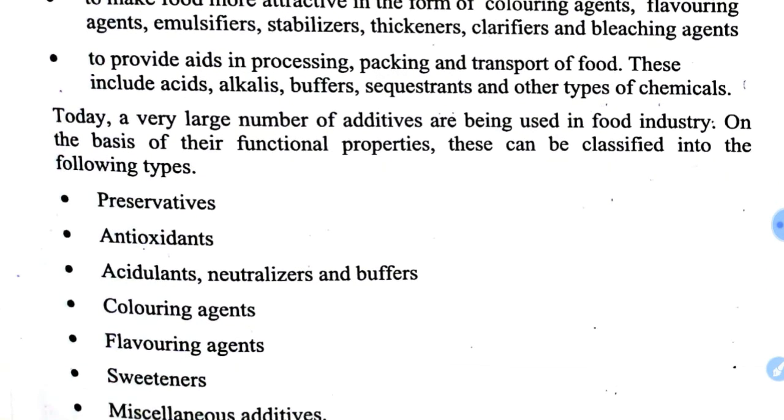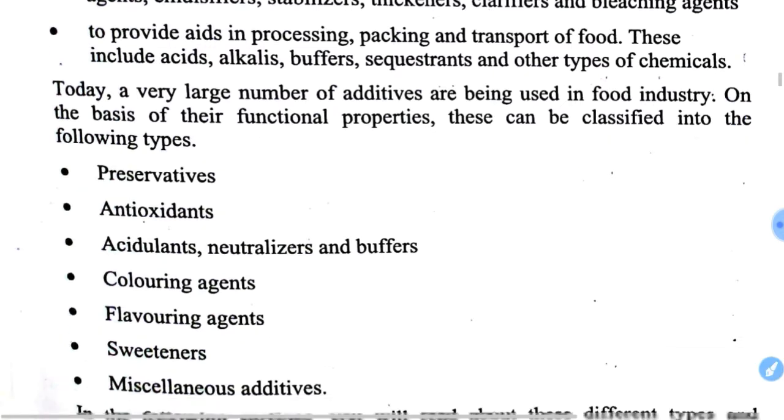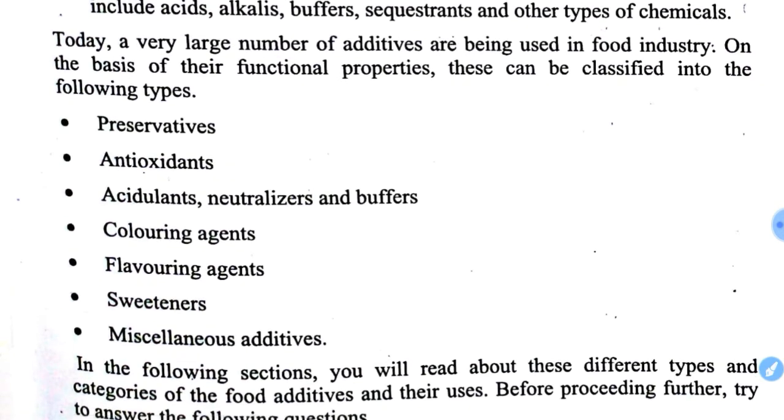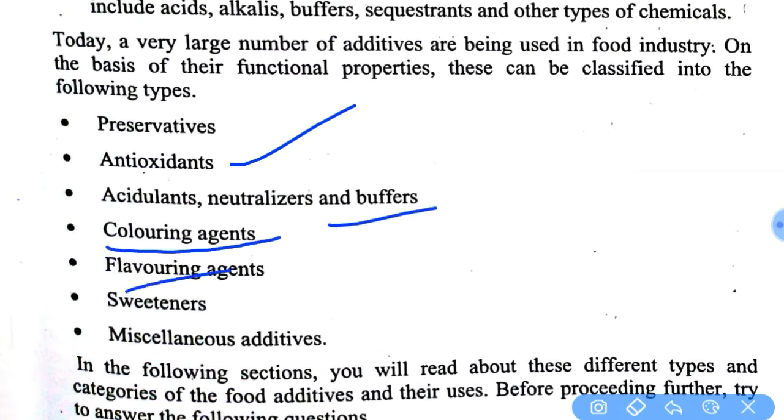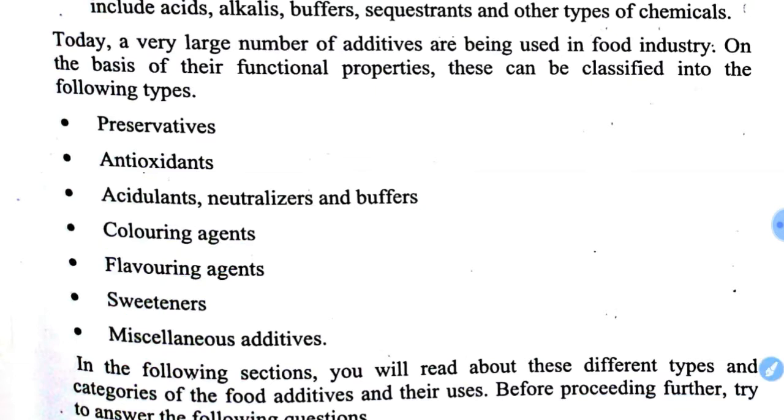Based upon that, we can classify all those additives into different groups, like one group called preservatives, another group called antioxidants, then acidulants, neutralizers, buffers, coloring agents, flavoring agents, sweeteners, and some miscellaneous additives.